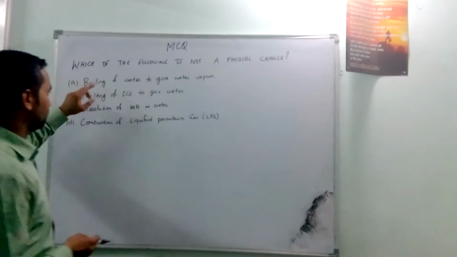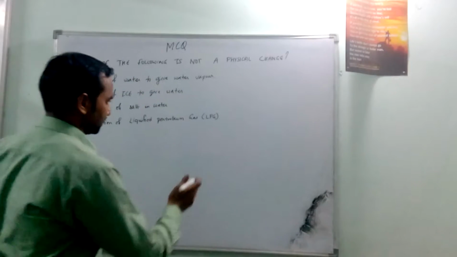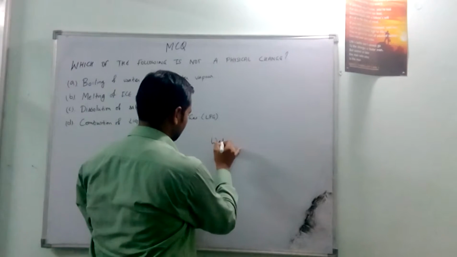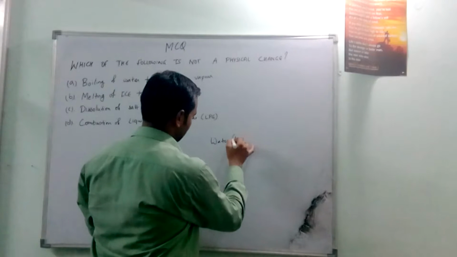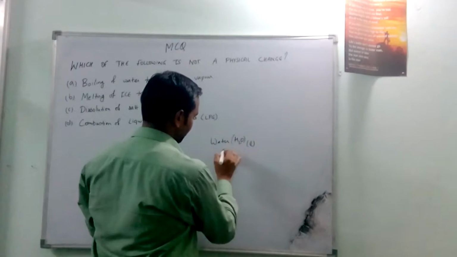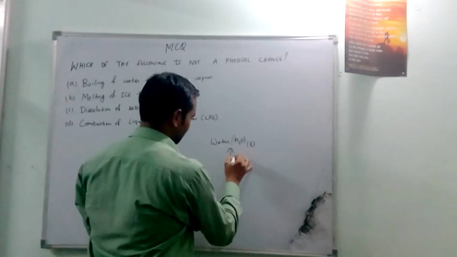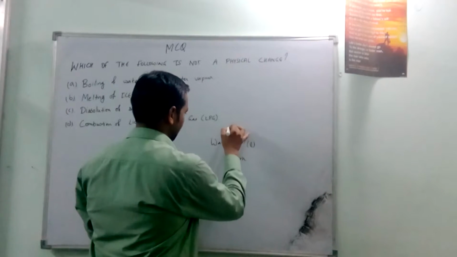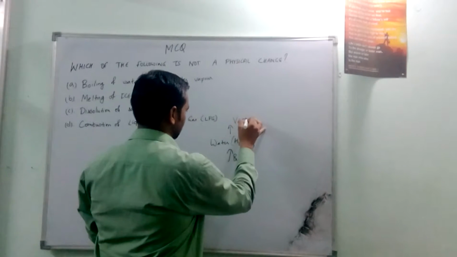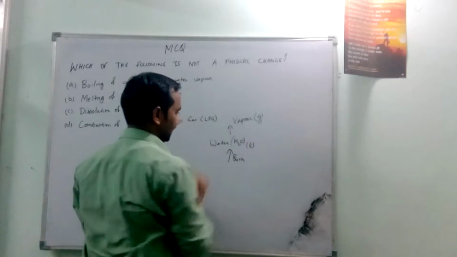The first one is boiling of water to give water vapor. Like this is your water, H2O, which is in liquid form, and when it is heated it forms vapor, and this is gas.